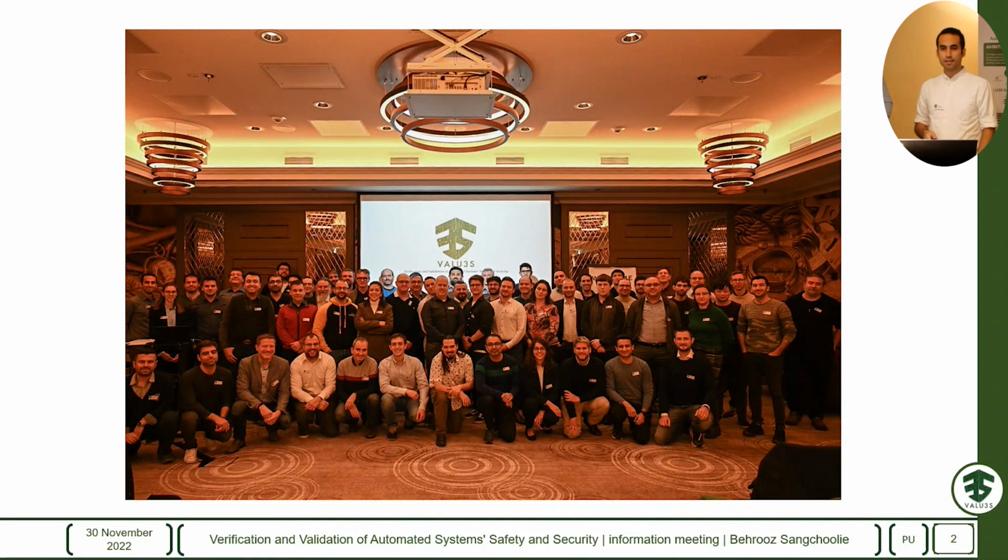This picture was taken yesterday. We have two packed days of activities. Yesterday we had a consortium meeting and general assembly. And right now, in the venue that we are in Hamburg, we are conducting a demonstrator session where project partners are showcasing their project results.